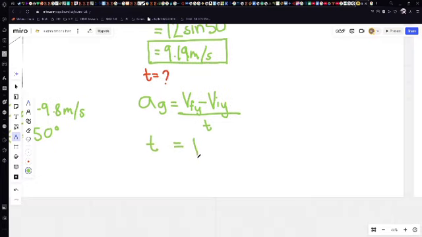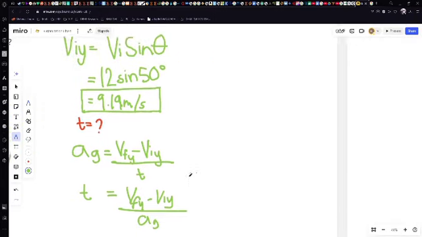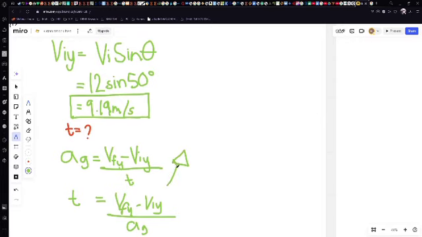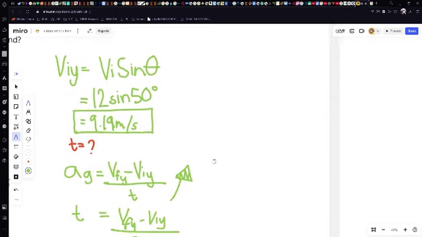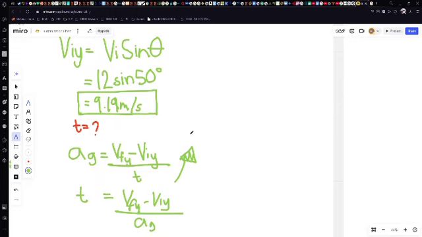Now we replace our variables. We solve for t, thus forming t equals Vfy minus Viy over a. Thus it will become t equals 0 minus 9.19 over negative 9.8, and we would get 0.94.